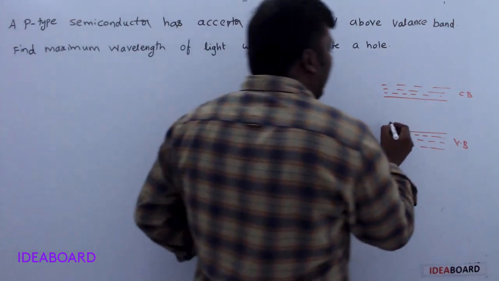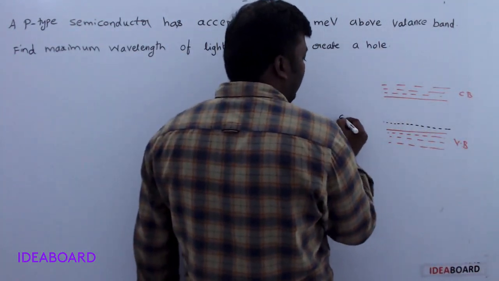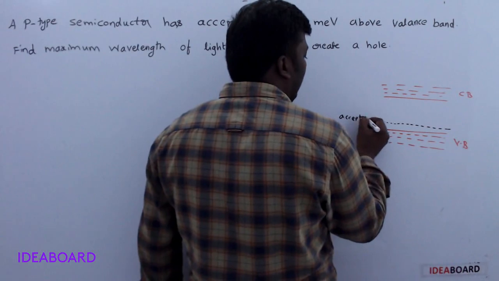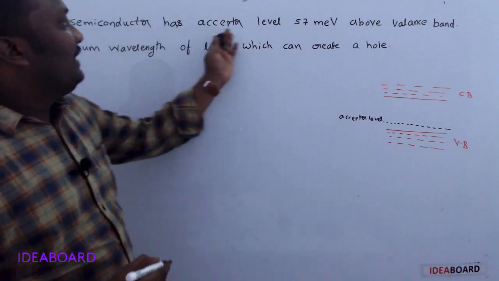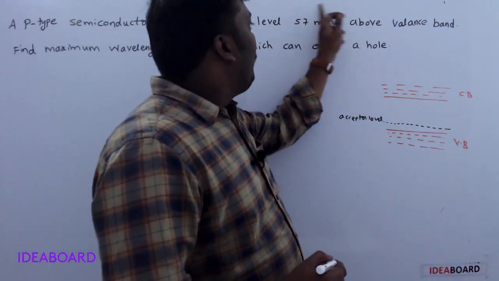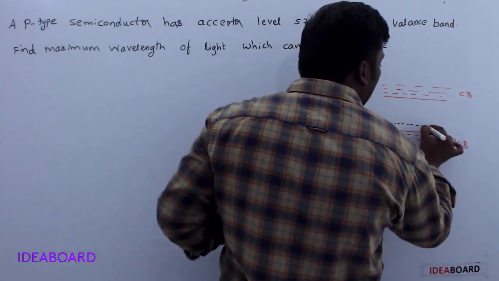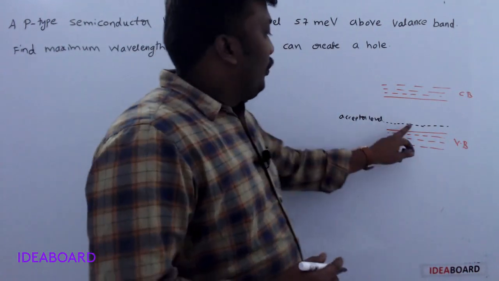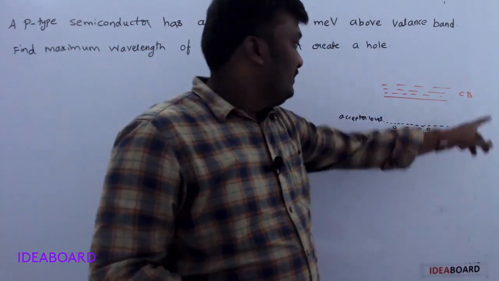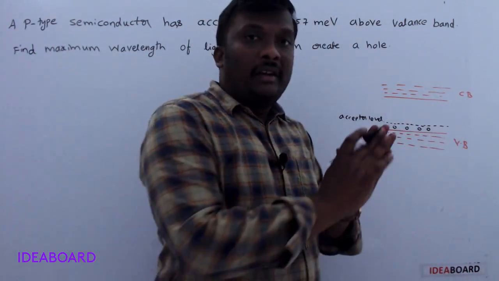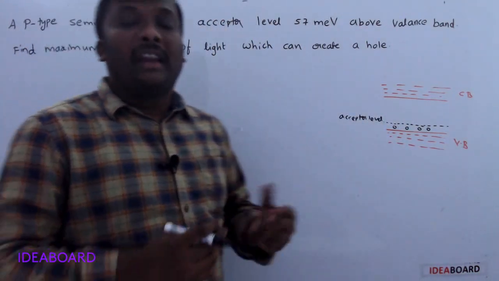In a p-type semiconductor, there is one acceptor level formed just above the valency band. The acceptor level has a certain amount of energy. If you give that much energy to the holes present in the valency band, then these holes are liberated from the impurity atom, the trivalent impurity atom.